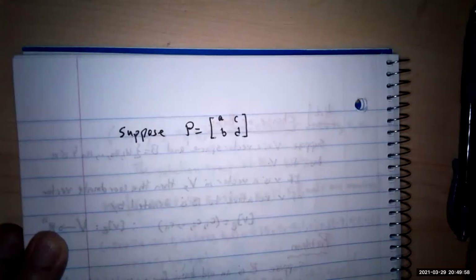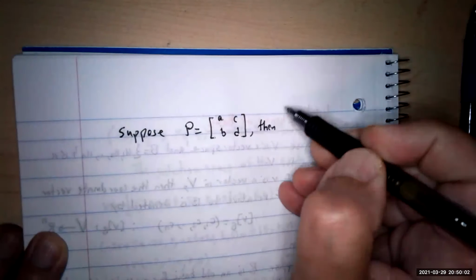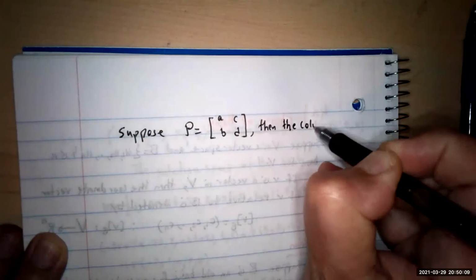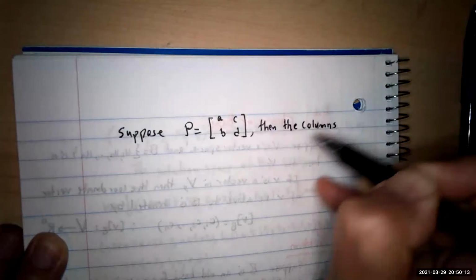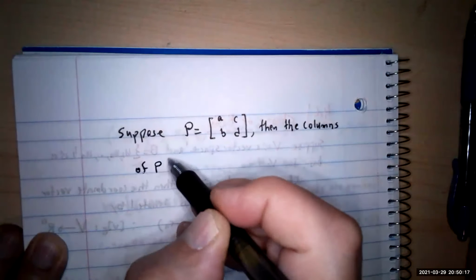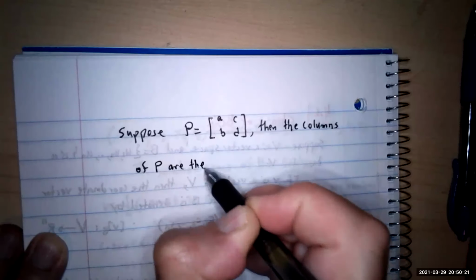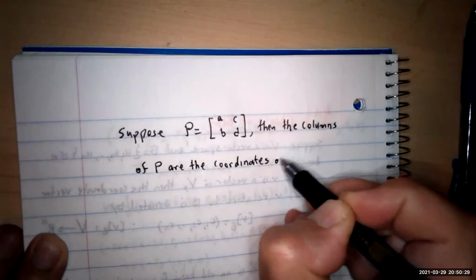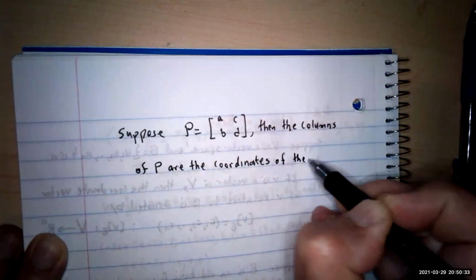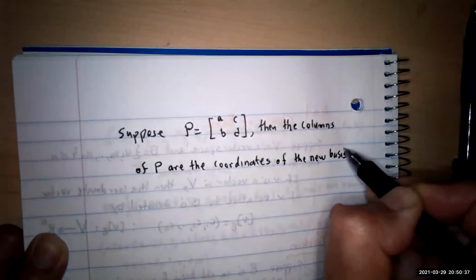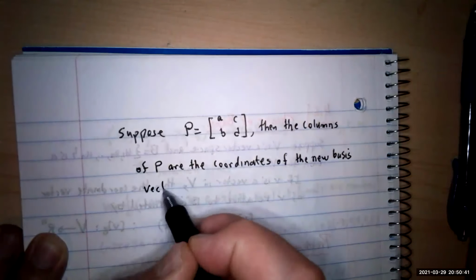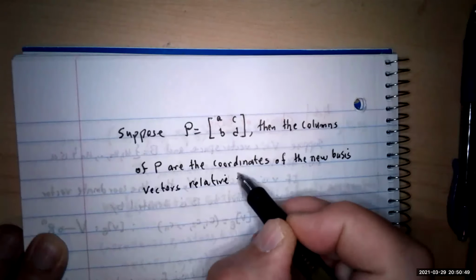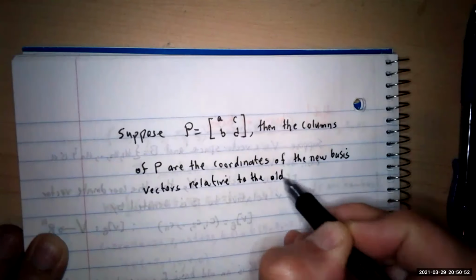Then, as you can see, the columns of P are just the coordinate vectors of the new basis vectors relative to the old basis.